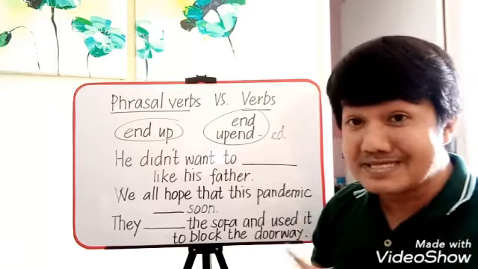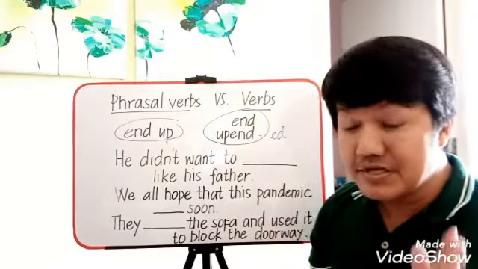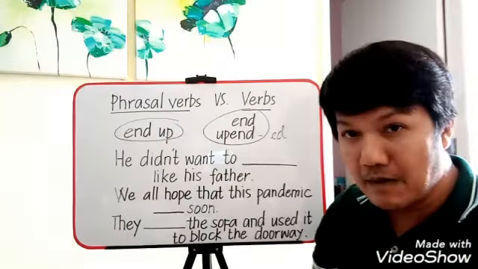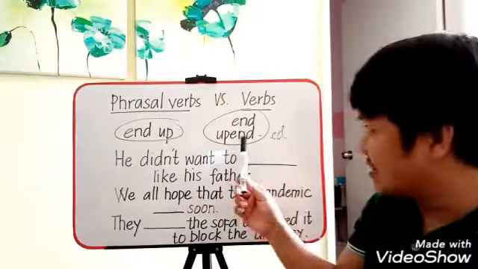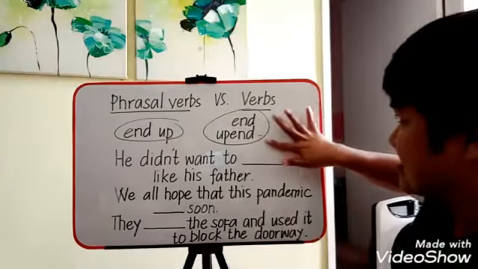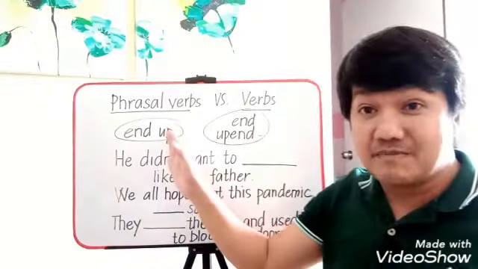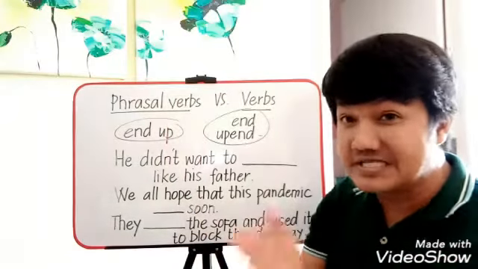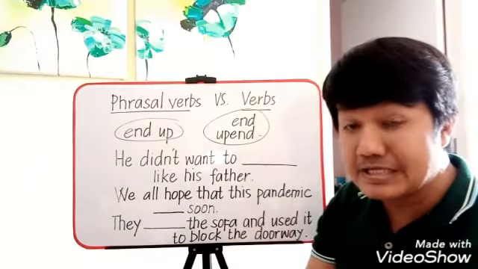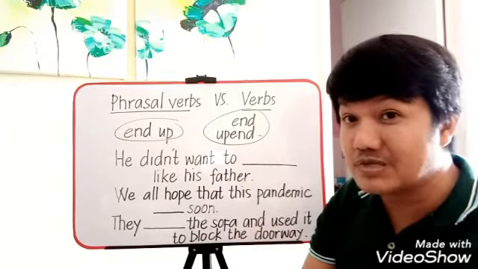Now, one of them is like this. Something you know, which is end, and probably end up. Compare that with this one, upend. This is phrasal verb. When you say phrasal verb, it's a verb plus the preposition up. There are other prepositions like in, on, at, for, about, and so on.